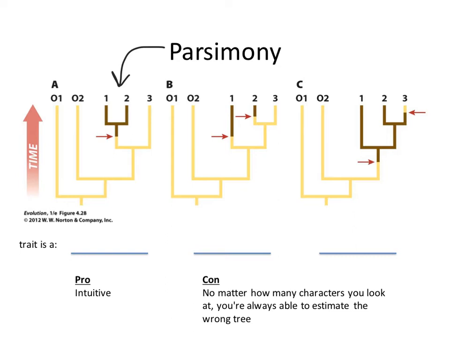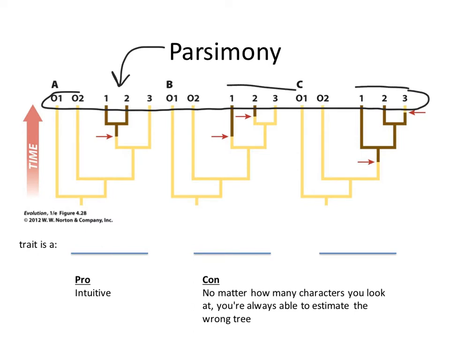But that's not the only way to get the pattern of phenotypes that we see at present. So I'm circling those in all 3 of the trees. These are really the data that we have now. These are the data that these trees are built from. What these current species, outgroup 1, outgroup 2, species 1, 2, and 3 look like today.